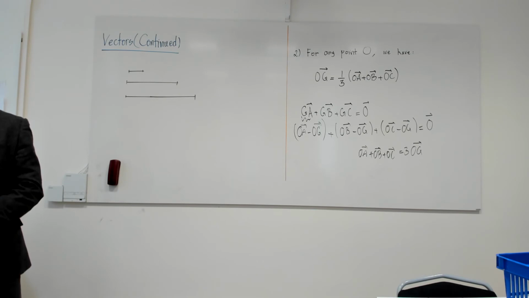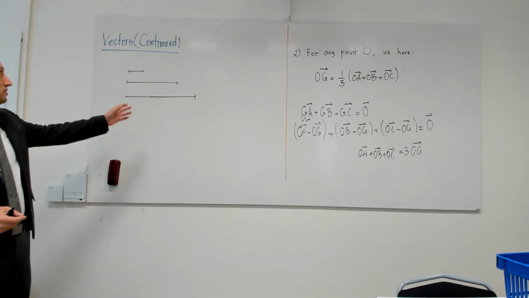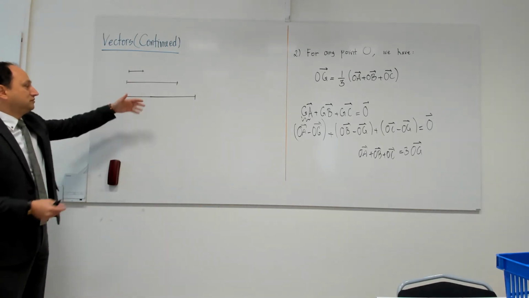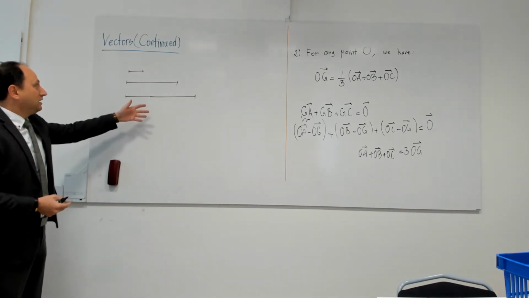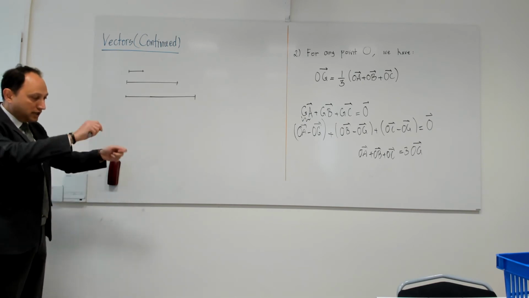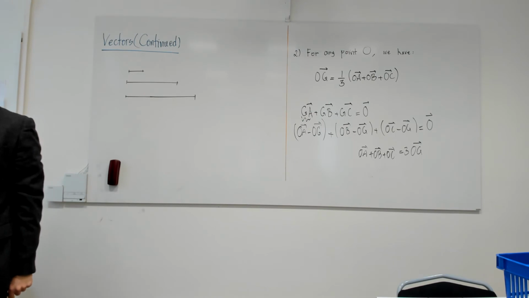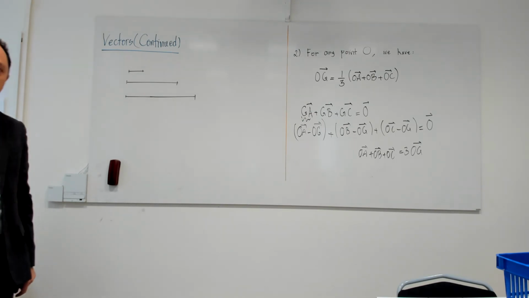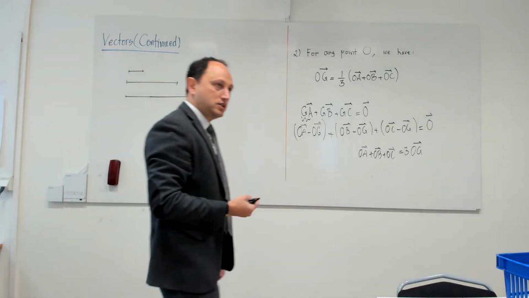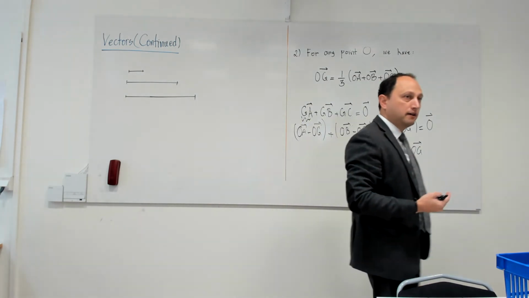Anyone else? Is the question clear? I give you 3 sticks, 3 pieces of rod, and then I ask you, before trying to see if you can make a triangle using them, I give you a ruler and I ask you the same question. How do you know that this is in principle possible? Yes?